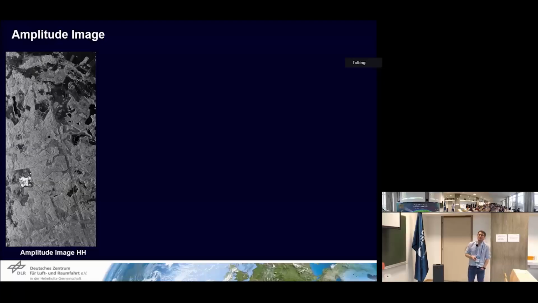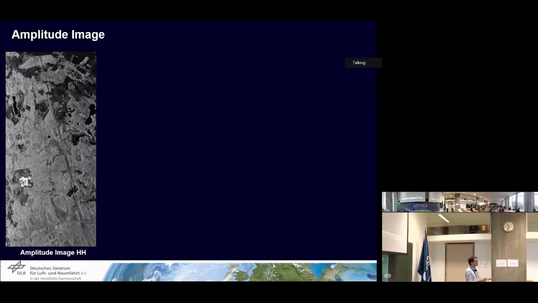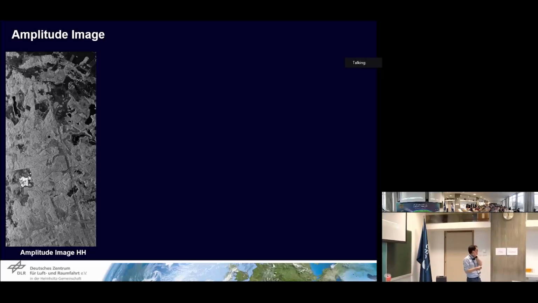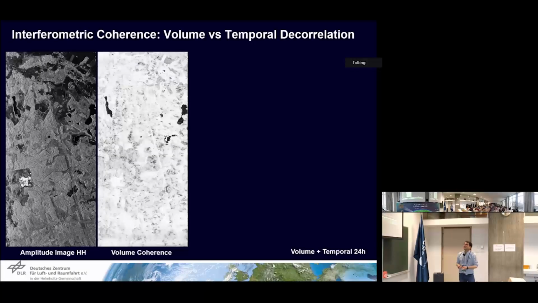So let's see, how strong is temporal decorrelation? How much do the scatterers on the ground change in time? It's the same forest, so the forest structure is not changing, but the scattering is changing with time. So same image as before, at P-band. Volume decorrelation.